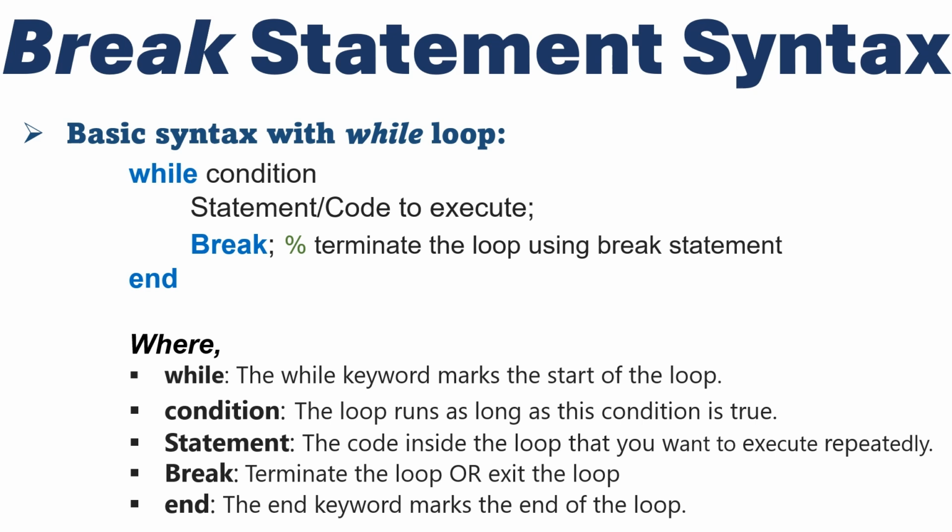But before that, though the while loop condition is true, if we write any specific condition before the break statement and that condition is met, the break statement gets executed irrespective of whether the while condition is true or false. And this is the beauty of the break statement in your programming.